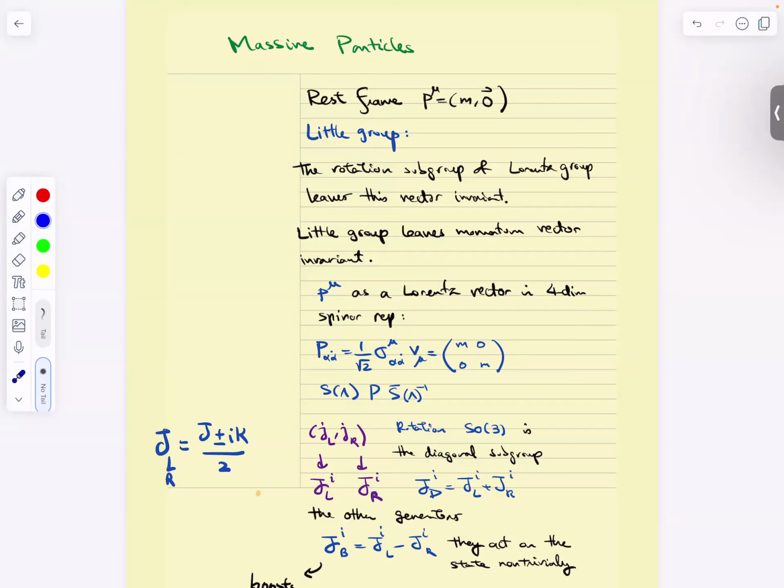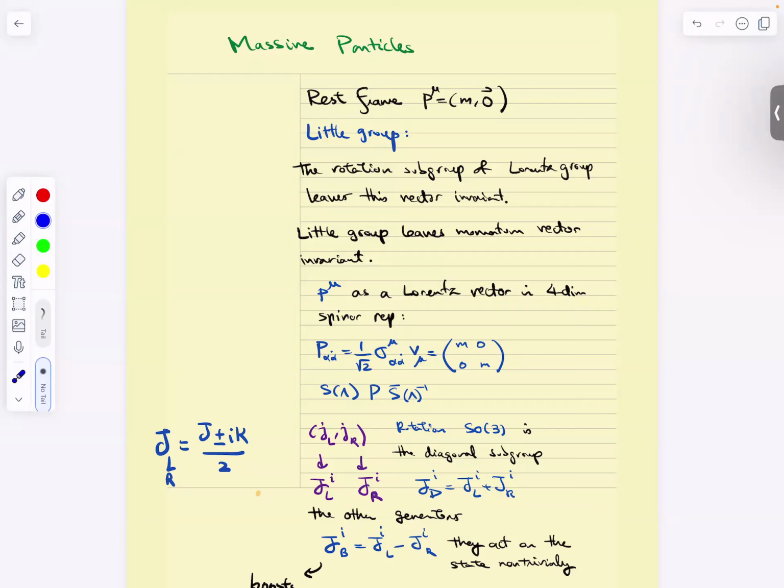What is the little group? If I have a massive particle, what's the distinction? Can anyone guess what the distinction is between massive and massless from the point of view of this analysis? Actually, deduce it. If I have a massive particle, I can always sit in its rest frame, which means I can always turn it into this vector.